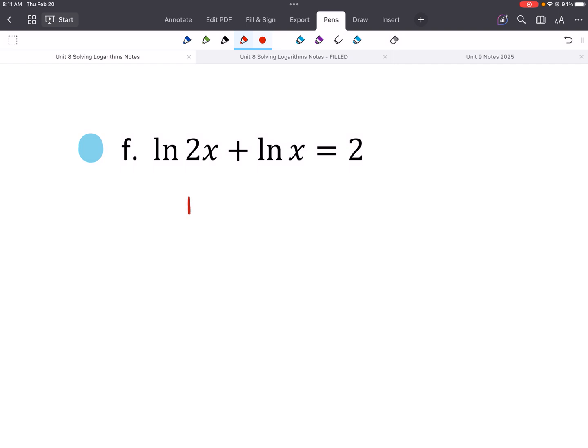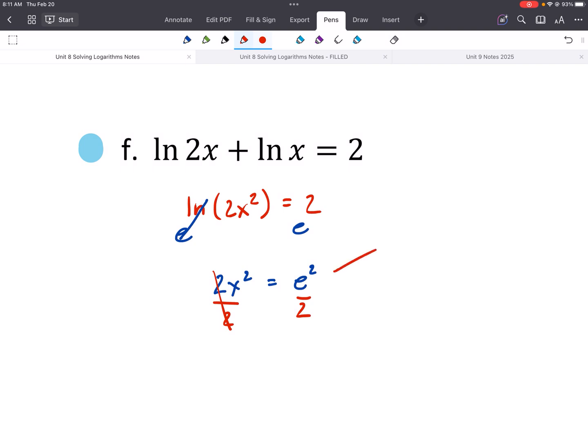Okay, so here we would get natural log of 2x times x, and 2x times x would be 2x squared. And then we would get rid of the natural log. And then we would maybe divide both sides by 2.